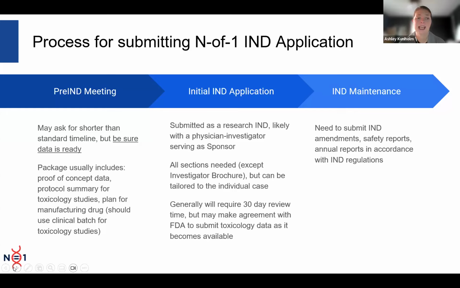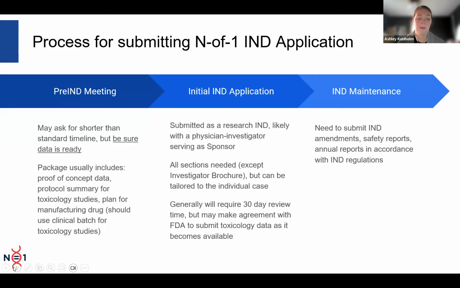Generally, because the FDA is reviewing all of this data, they require this 30-day review time. However, it's been our experience that the FDA reviewers are very open to what we're referring to as a rolling review. So a lot of our applications have been submitted with preliminary toxicology data, but the longer term or the necropsy data or some of the pathology, I know that takes a while to read out.